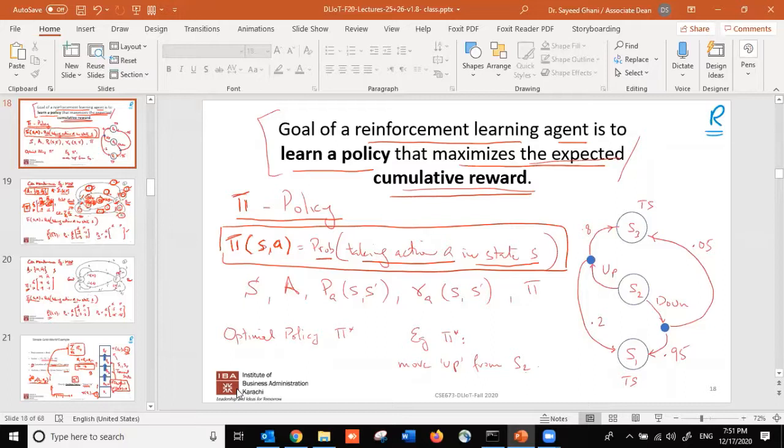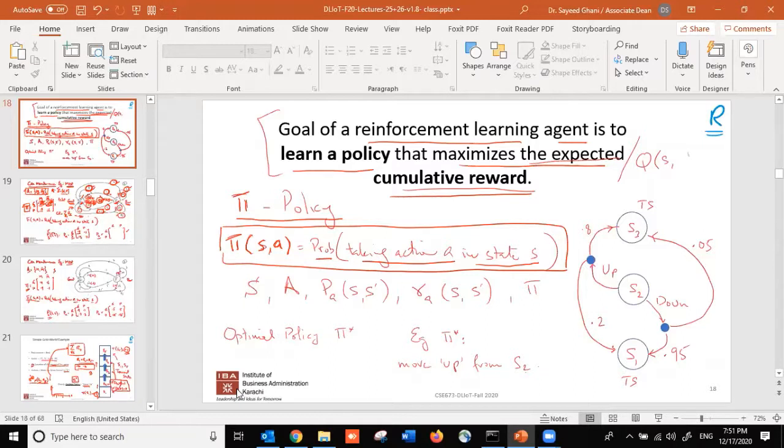The maximum cumulative reward for each state. So maximum cumulative reward, sorry, say that again. For each state, and basically the final reward would be at the end of the whole process, right?